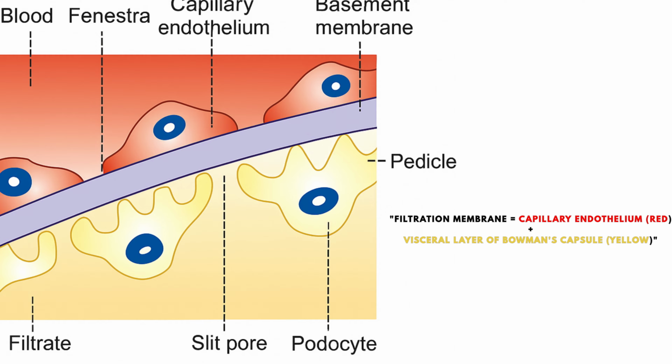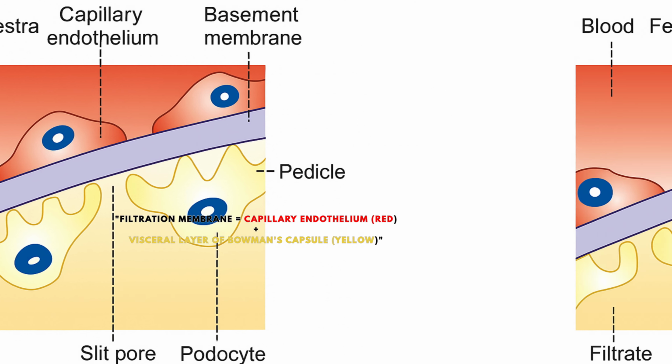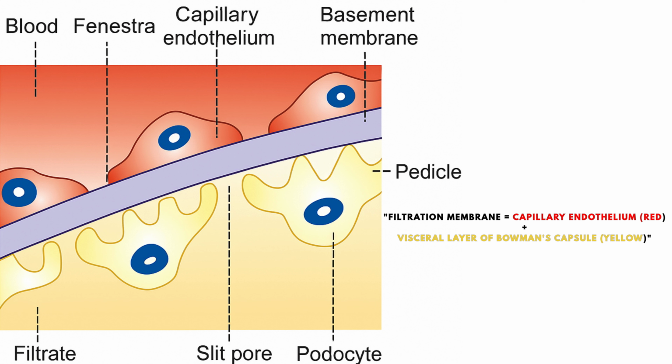And the next is the filtration membrane, your kidney's molecular gatekeeper. Let's talk about the filtration membrane, the true barrier that decides what passes from the blood into the forming urine. Where the fenestrae or windows in the glomerular capillaries match up with the spaces between the podocyte fingers, there is only one thing separating the capillary lumen and the lumen of Bowman's capsule, their shared basement membrane.